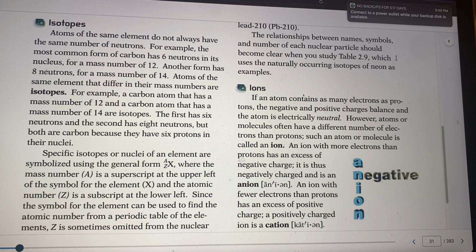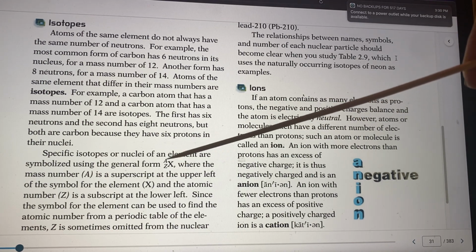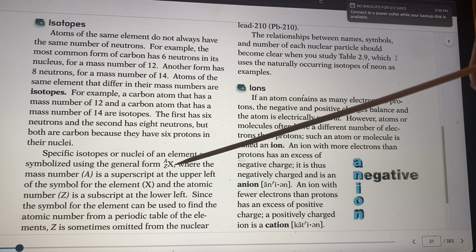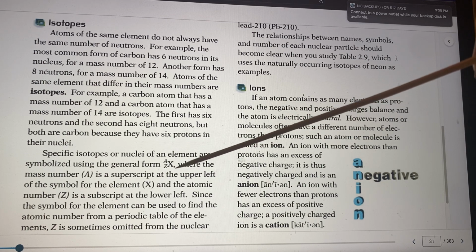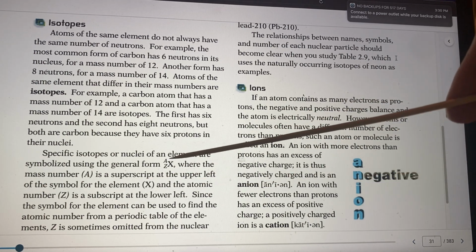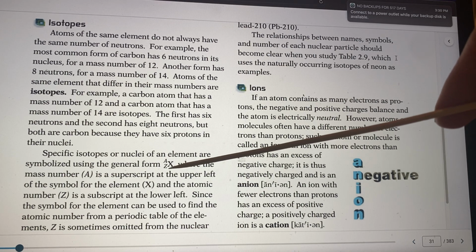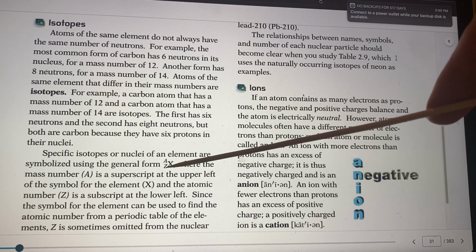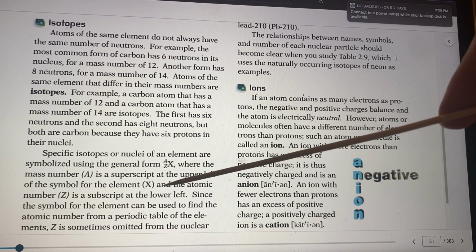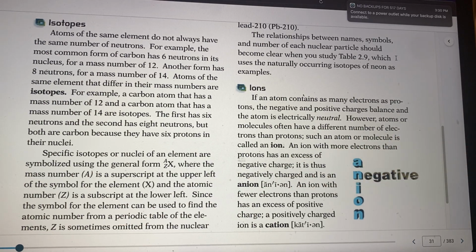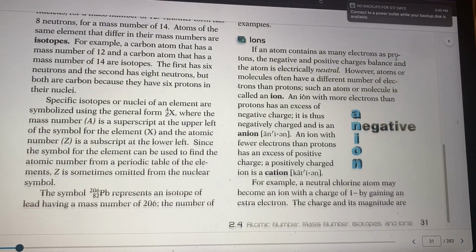So let's look at this. The specific isotopes of an element are symbolized using the general form A over Z, X. That means we have the mass number A, the Z, which is the atomic number, and X, the element symbol. And you'll find this on the periodic table.